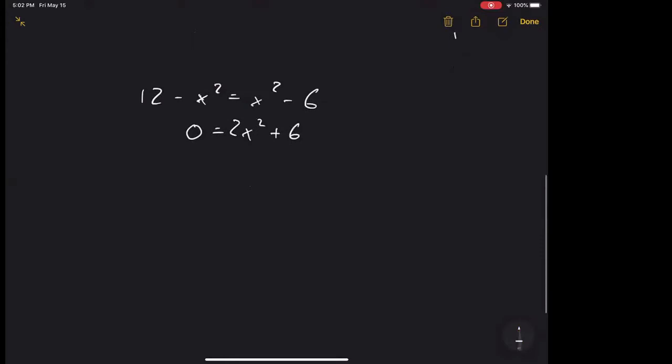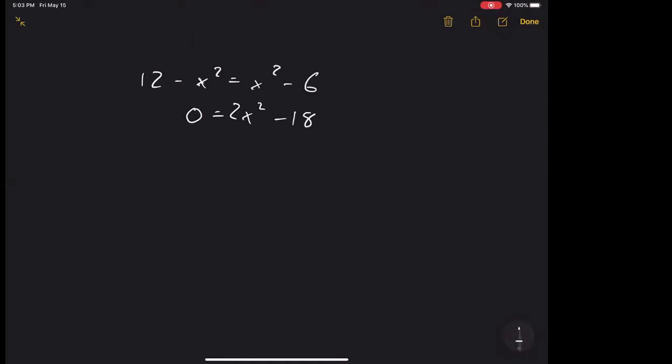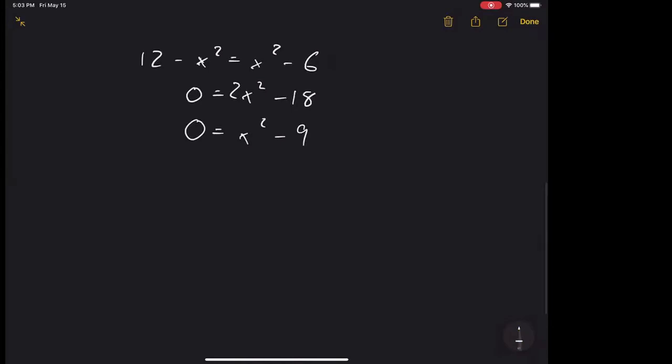Okay, so I get 0 equals 2x squared plus 6, and then, actually, you know what? That's a mistake. That should be minus 18, right? I think I might have done this problem in the lecture video, but it doesn't hurt to do again. So if I just divide both sides by 2, I get 0 equals x squared minus 9.